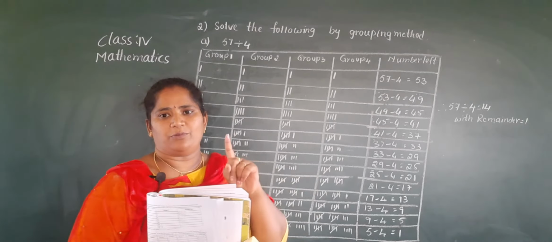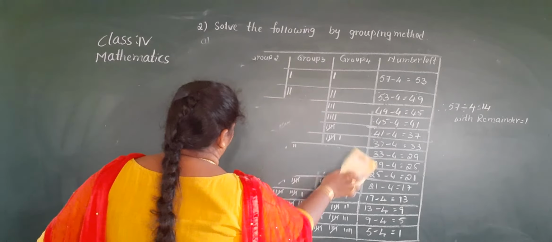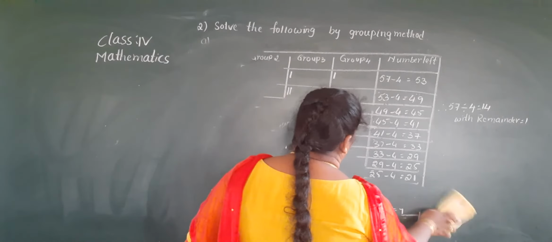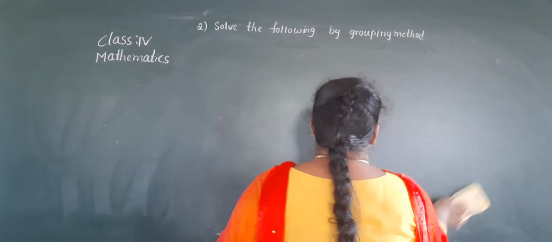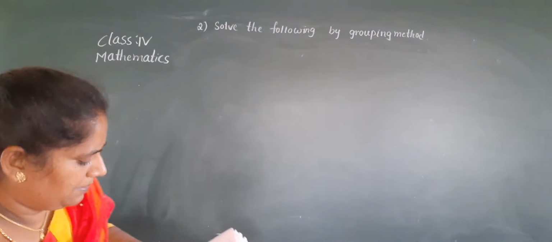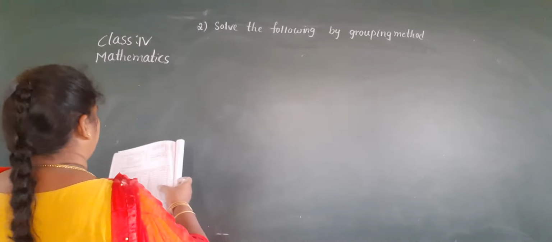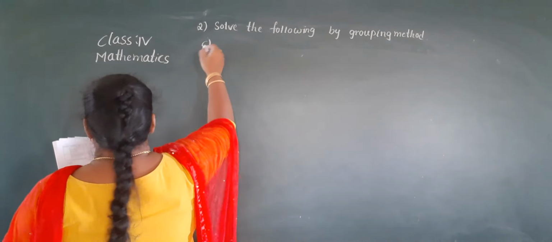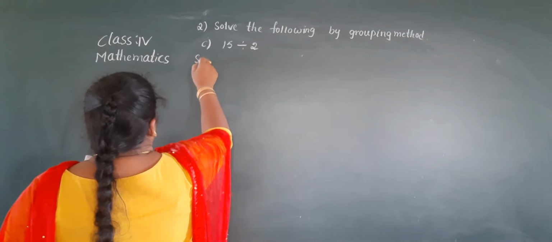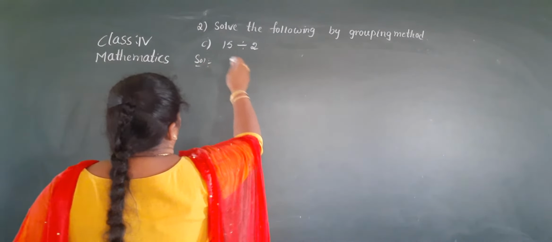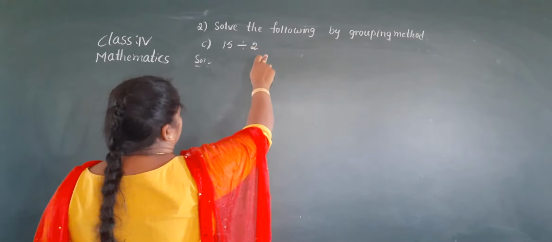Okay? And next, see the problem. 15 divided by 2. So we want to distribute the number 15 to 2 groups.